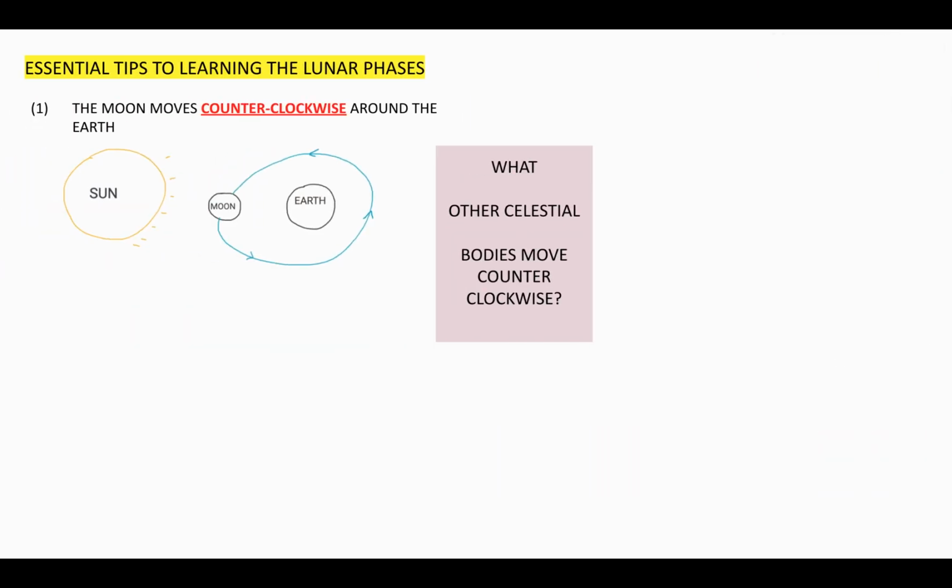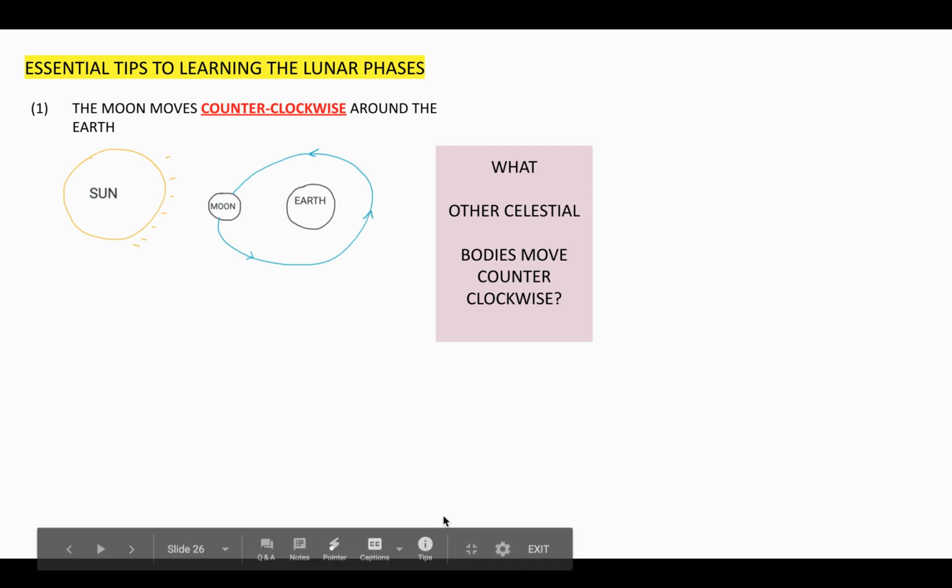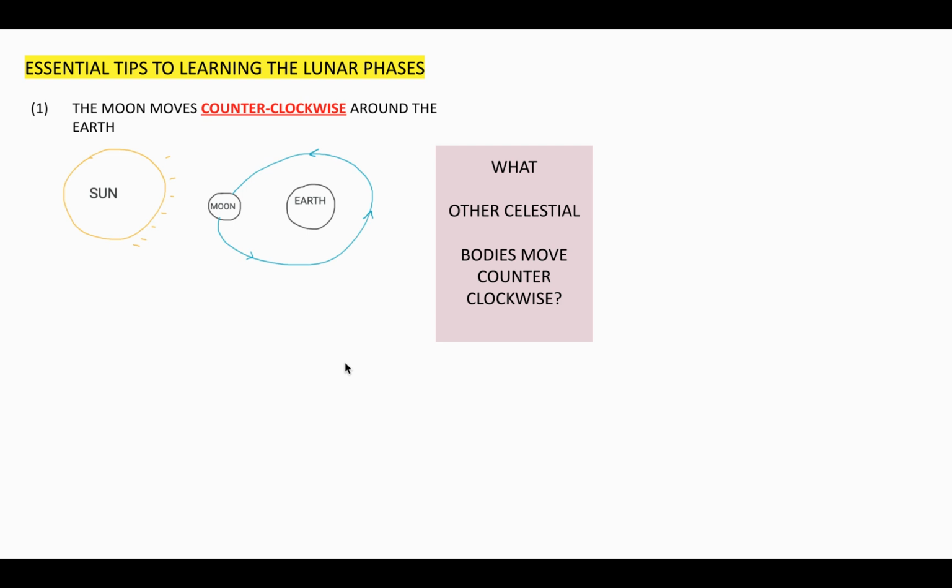So, in relation to the phases of the moon, we are now going to look at some of the terminology that you need to understand. Just like the Earth orbits the Sun in a counterclockwise fashion, so against the direction of time, the Moon moves in a similar counterclockwise fashion, so it goes around the Earth in this way.